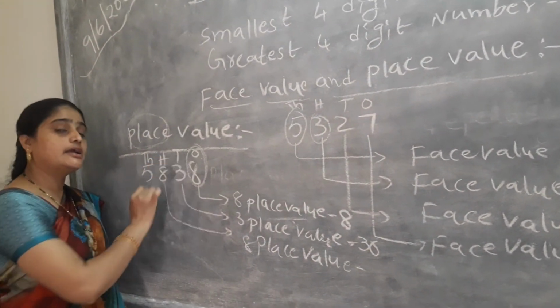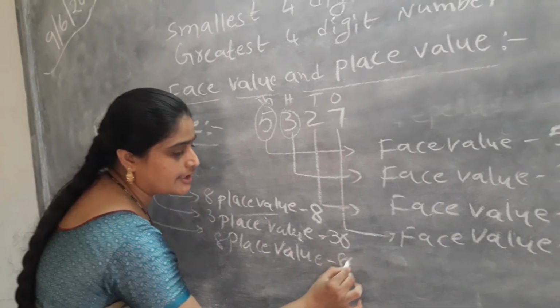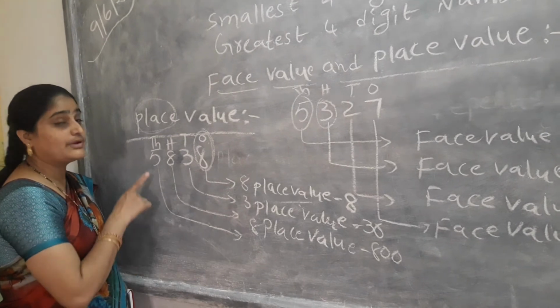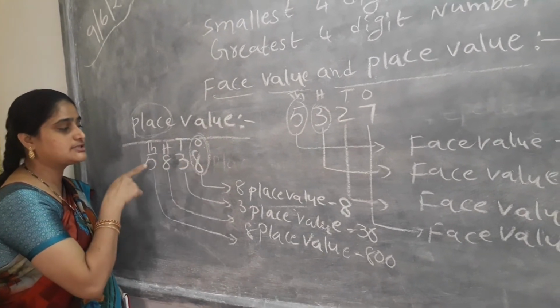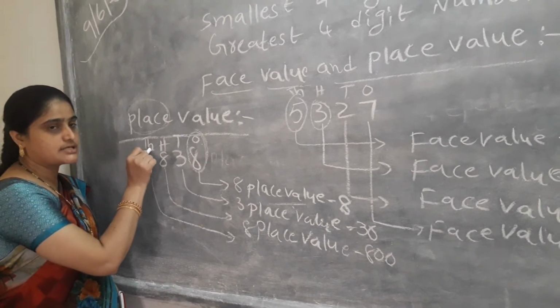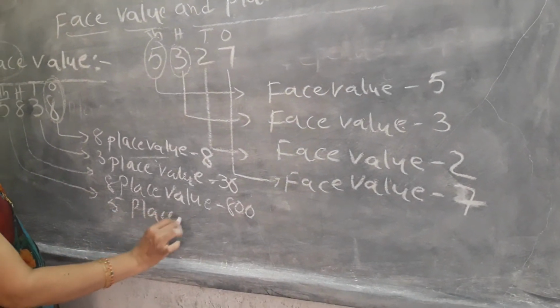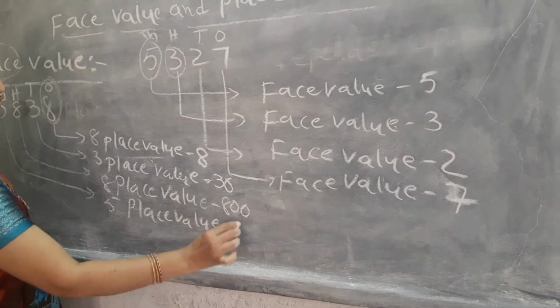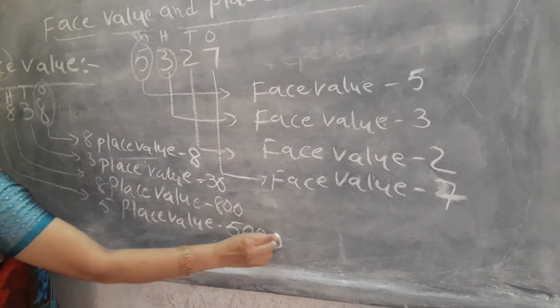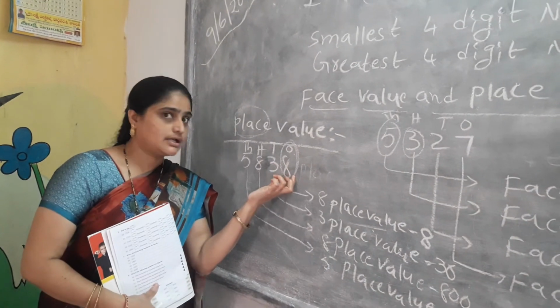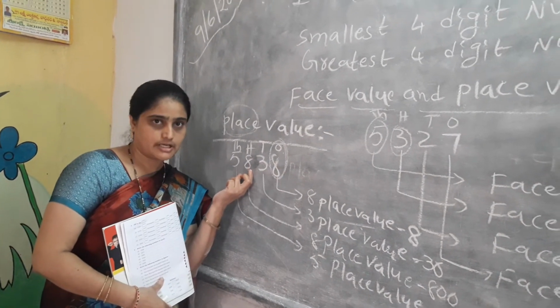That's why the place value of 8 is 800. Next, 5. What is the place value of 5? Thousands place. That's why the place value of 5 is 5,000.